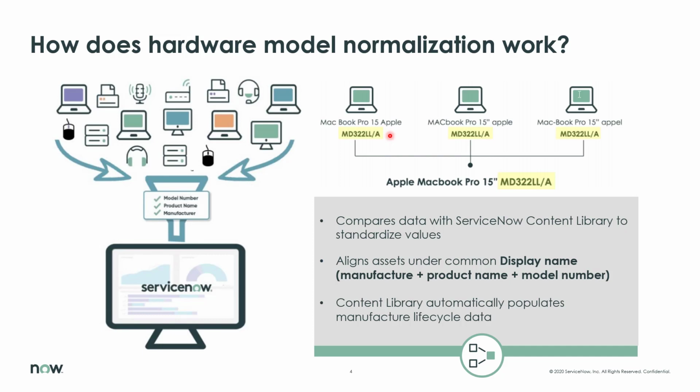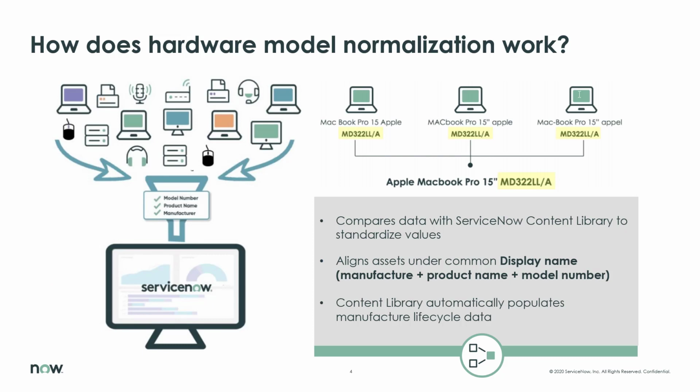So from the new hardware normalization in Paris, we're taking those models and normalizing them down to the manufacturer, the product name, and the model number. This gets combined in the new version as the display name of that particular asset.